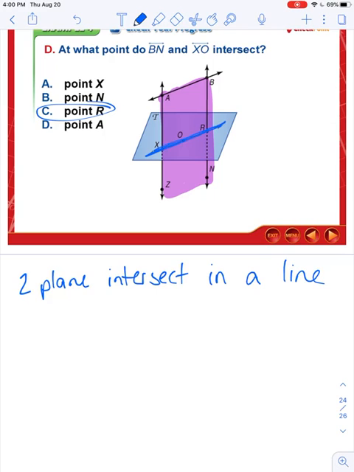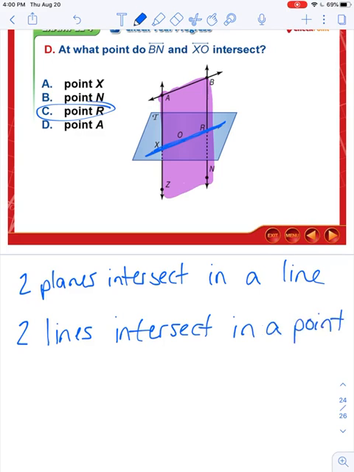So unless they are the same plane, they intersect in a line. Two lines intersect in a point. If you think about two lines crossing, they cross at a point, unless they are the same line, in which case they intersect in a line.